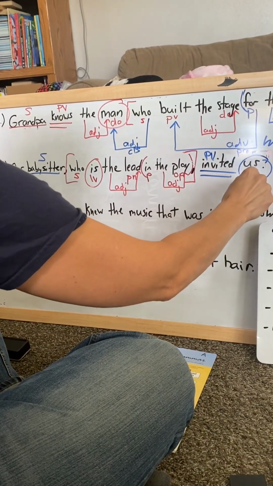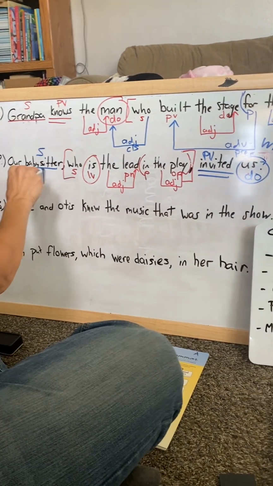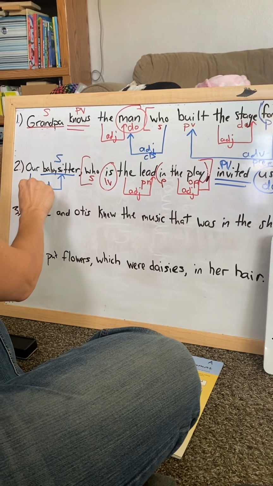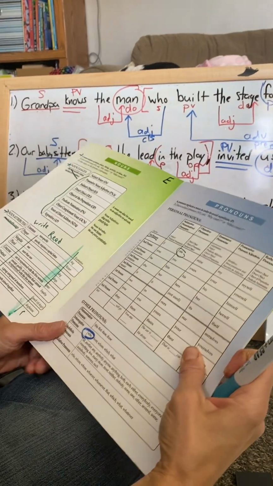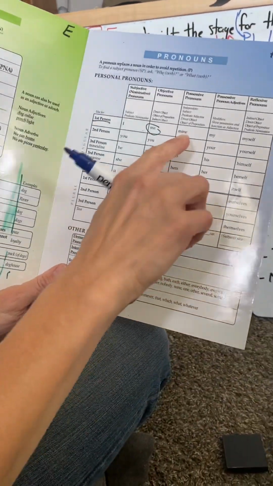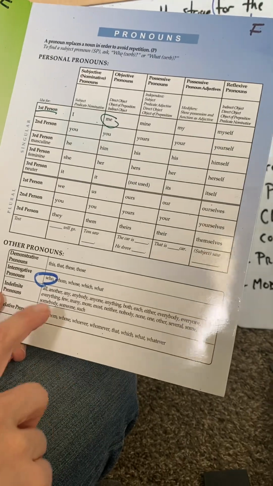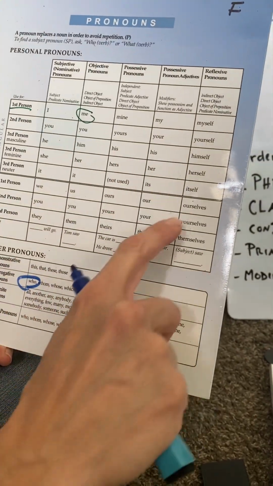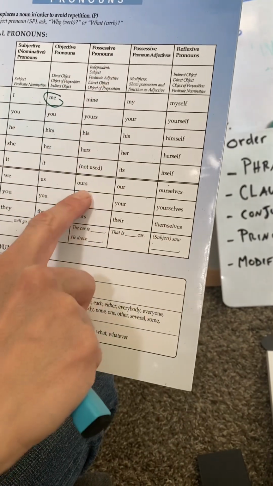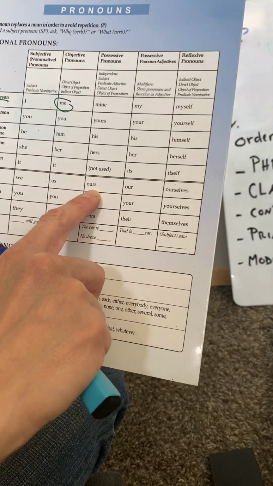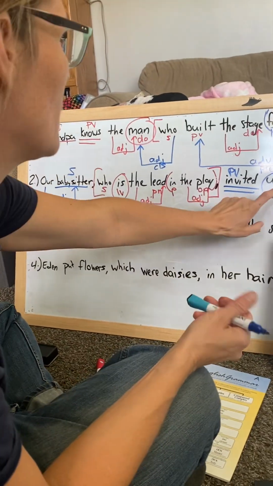That's our direct object. And our is an adjective, a possessive adjective. If you look at your chart here: mine, ours, possessive pronoun, adjective. Ours, our babysitter. So our babysitter invited us.